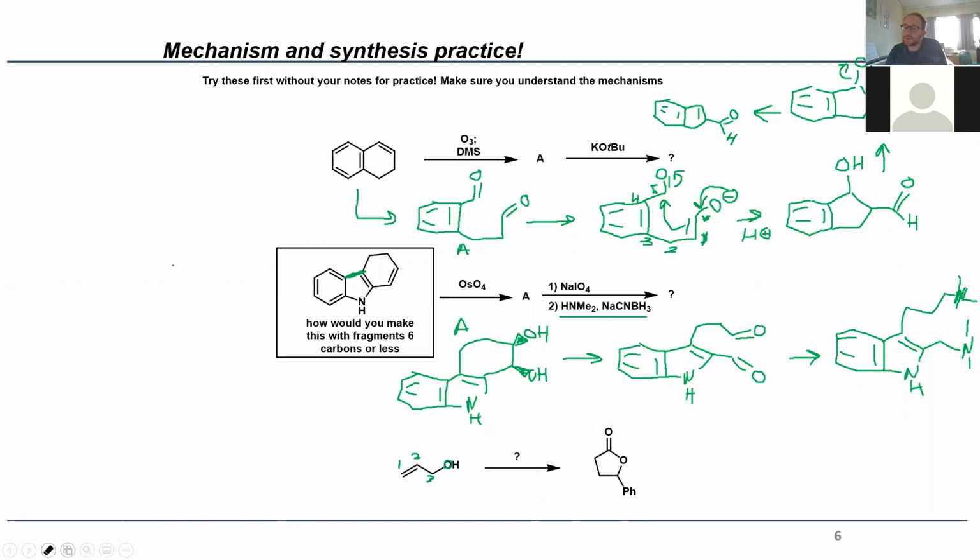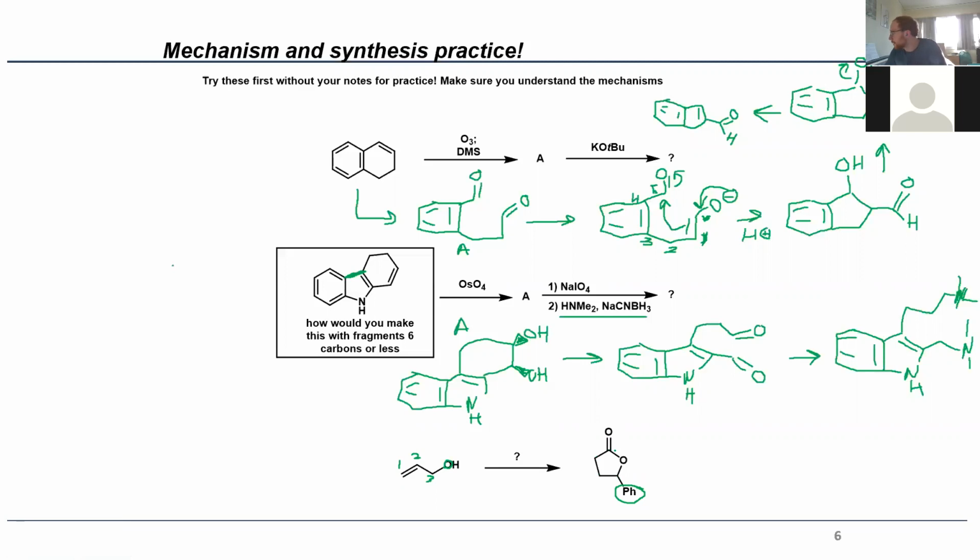And so in our product, we see that we have added a phenyl group, and there's now one, two, three, 4 carbons. And so we're going to have to either add a carbon, we could add 2 carbons, lose a carbon. There's a lot of variance here.